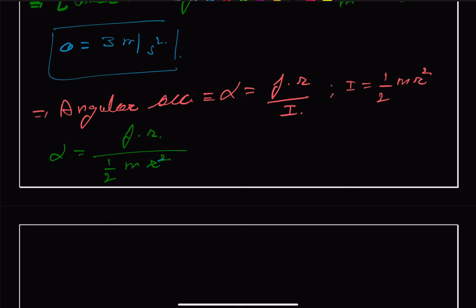The square goes with this r, and we get this as 2F divided by m times r, which will be equal to 2 times F is 1.5, mass is 0.5, and multiply by r. This will be coming as 6 upon r radian per second square. Now we come to the condition for pure rolling.